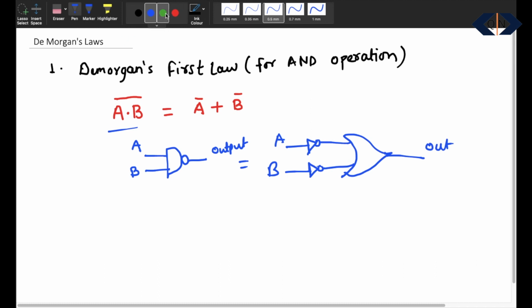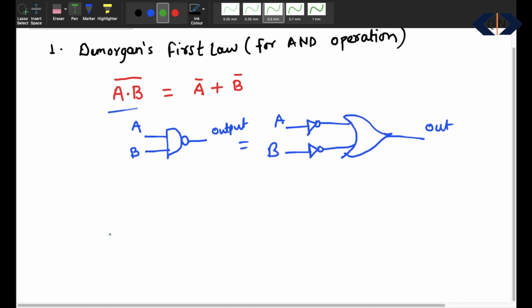So let's move to the truth table for De Morgan's first law and check whether it holds true or not. Let's start making the truth table.